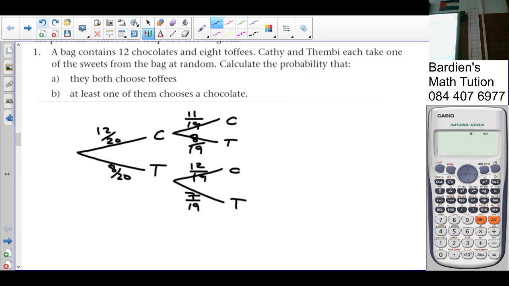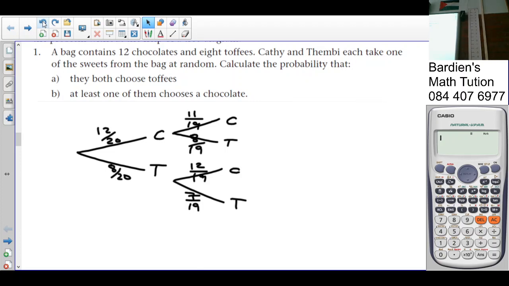Why is it 12 out of 19? Because if she has drawn a toffee sweet, we still have 12 chocolate sweets in the bag. That's why it's 12 out of 19. And then it's 19 because she took one toffee out from the options. Any other confusion?